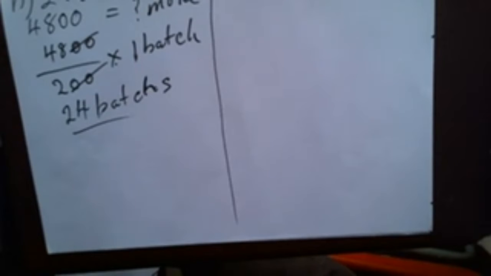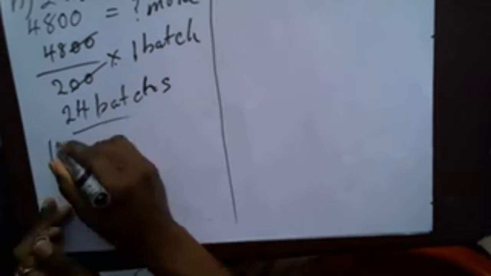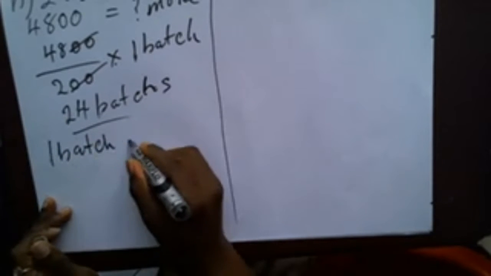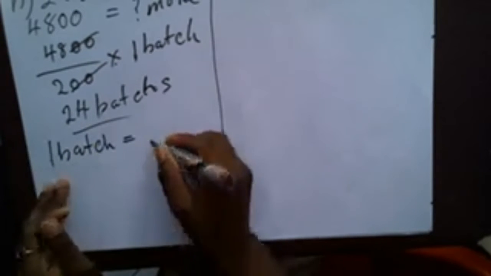Question C is saying if one batch costs 129.99 rands, what will be the total cost of the cobblestones? Okay, we say one batch is equal to how much?